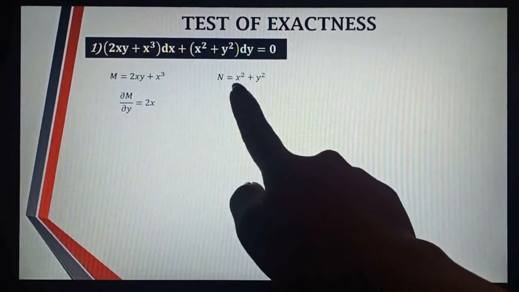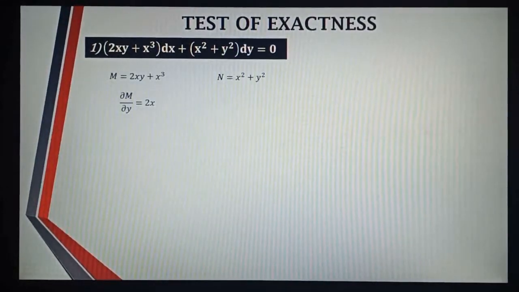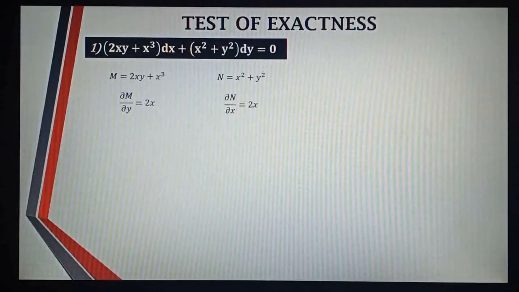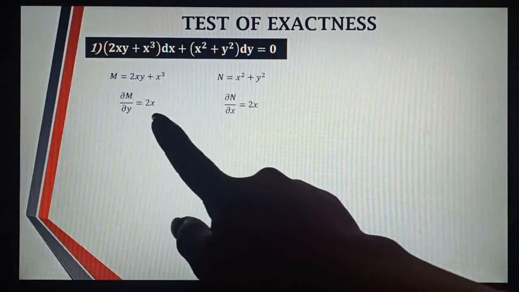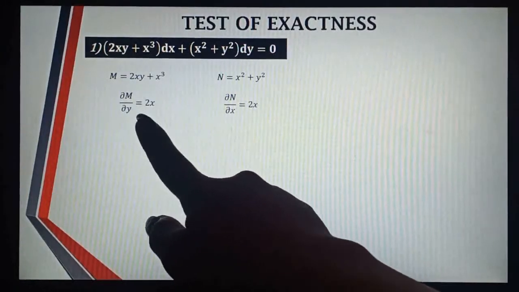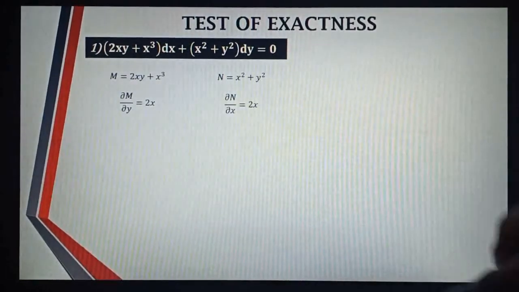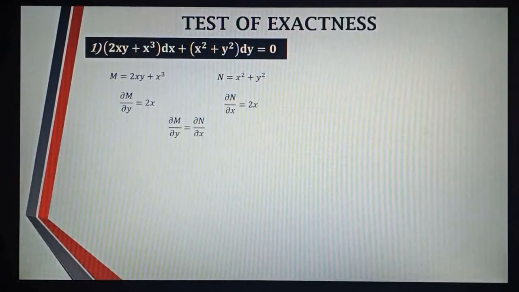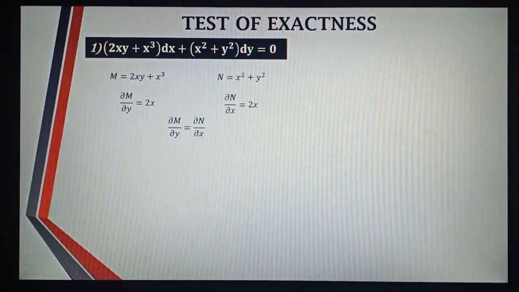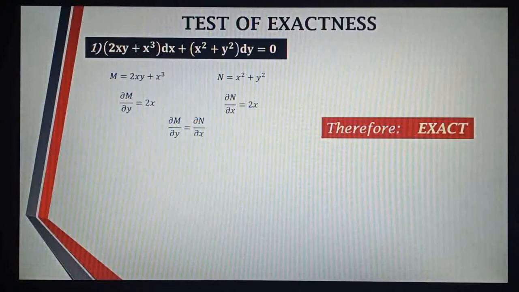Then this is the only one we differentiate. So the partial differentiation of N with respect to x is 2x. If you will notice, the partial differentiation of M and the partial differentiation of N are equal. So therefore, this given equation is considered to be exact.